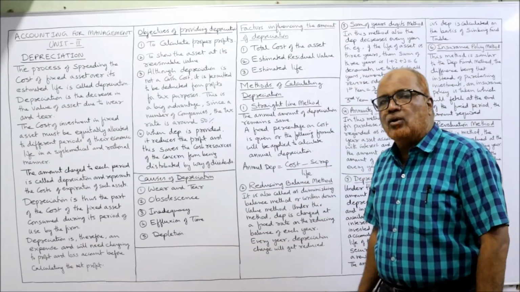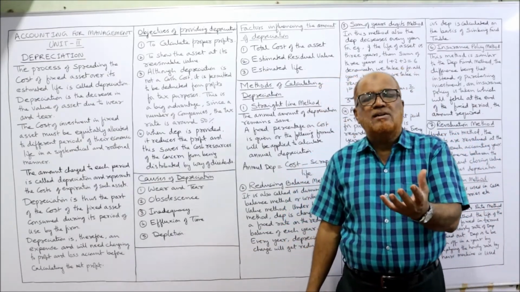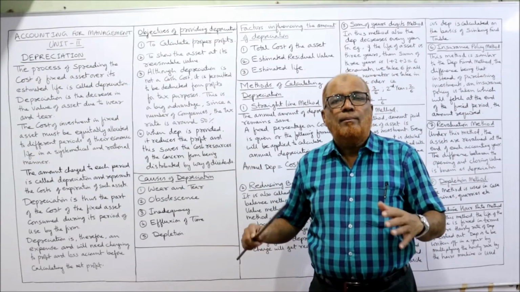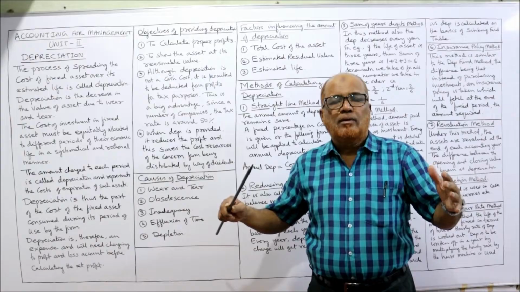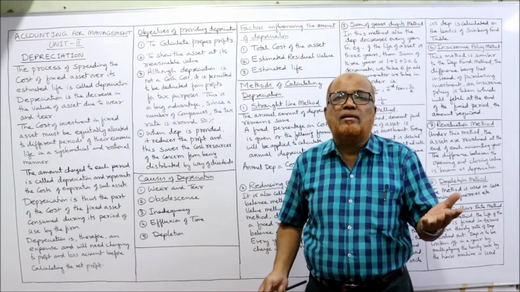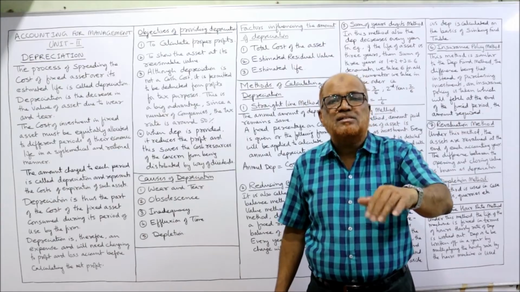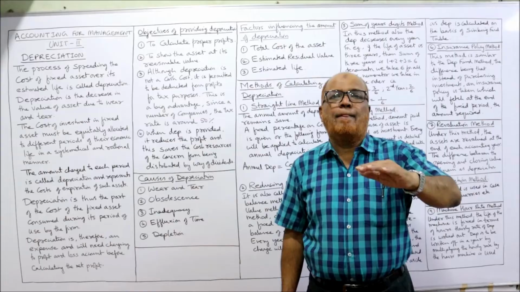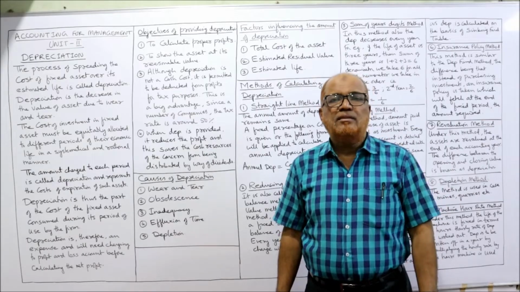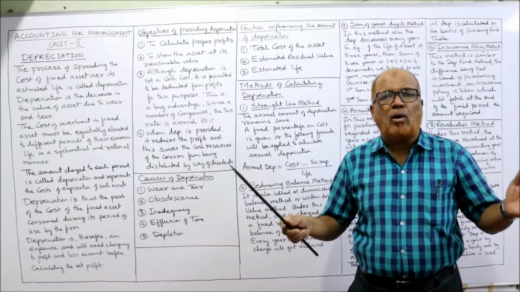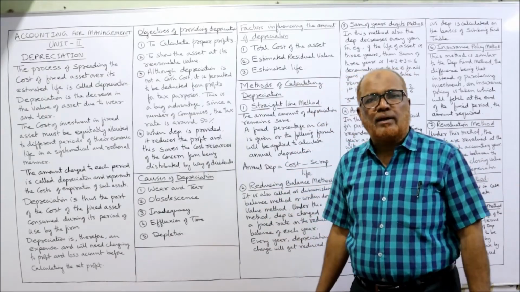Then inadequacy. When we purchase a fixed asset, we purchase according to the current conditions. But as the business grows, the fixed asset will not be sufficient, it will be inadequate. We have to replace the fixed asset with a higher capacity asset. In that case, whatever lower capacity asset we purchased earlier will become outdated, inadequate.